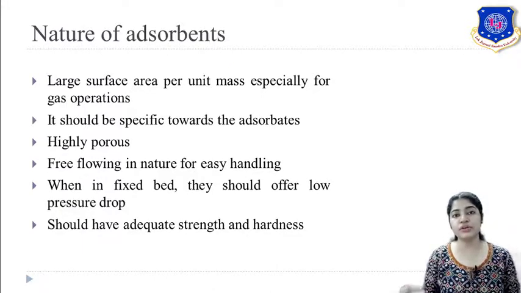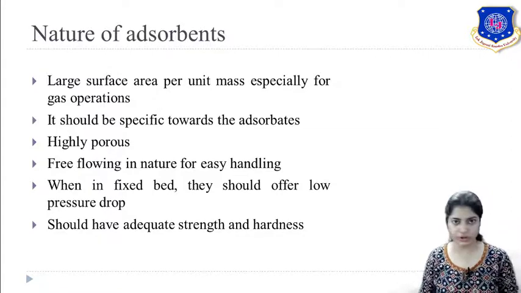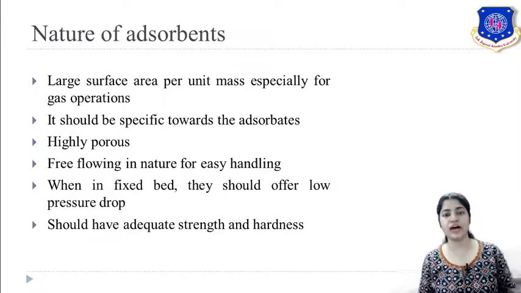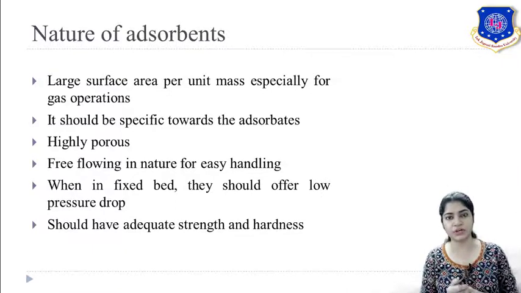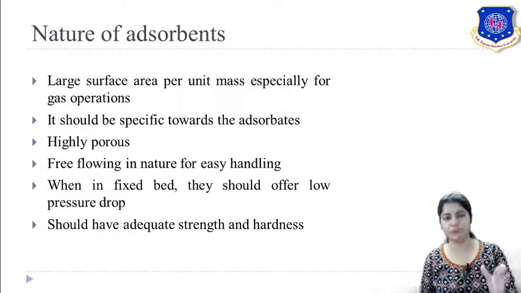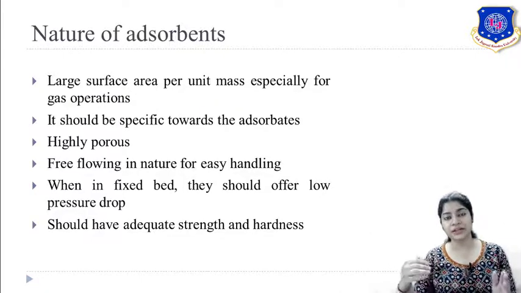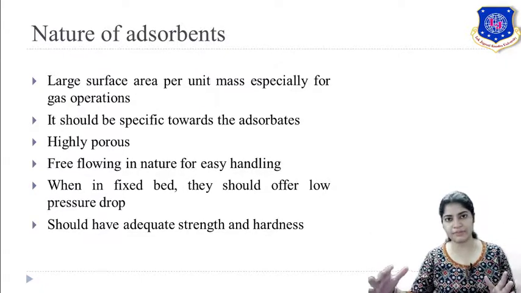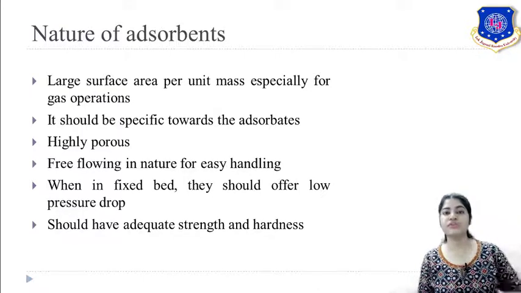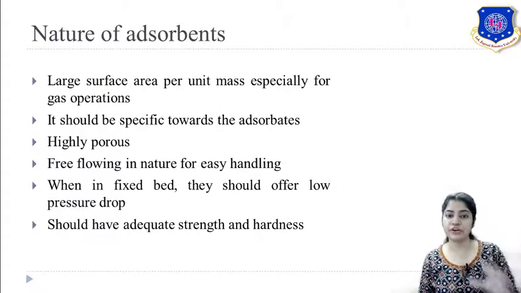Now if you are using a fixed bed adsorber, then it should offer low pressure drop. Because in a fixed bed adsorber column, you are sending your gas from the bottom, suppose, and the adsorbent is fixed in the bed. So for the gas to travel from bottom to top, a pressure drop must be there.